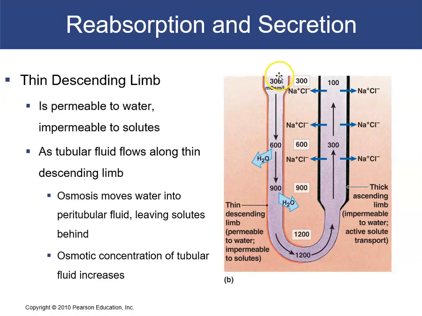As this tubular fluid flows down the thin descending limb, osmosis pulls water out into what's called the peritubular fluid, the area around the nephron, and ultimately into the blood capillaries. This leaves the solutes behind in the nephron. And look at what happens: the osmotic concentration of this tubular fluid increases as the material travels down.